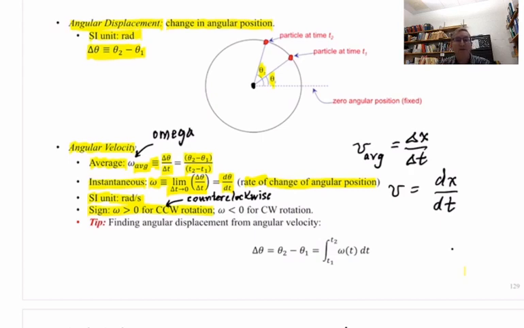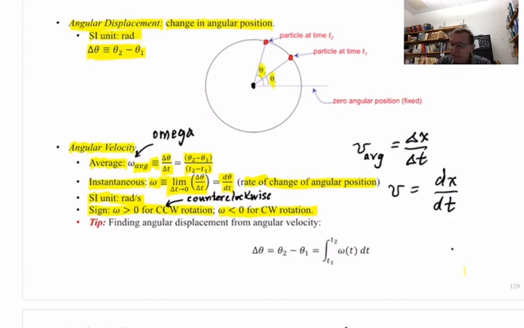Omega is positive for counterclockwise rotation. Conversely, as I watch the thing, if it rotates clockwise, again, from my reference, that would be this way, that's a negative angular velocity. Omega is negative. So we want to remember that. Counterclockwise rotation means omega is positive. Clockwise rotation means omega is negative.